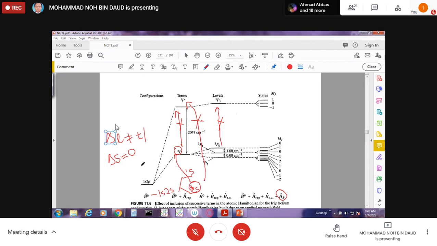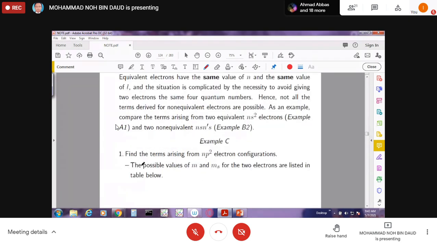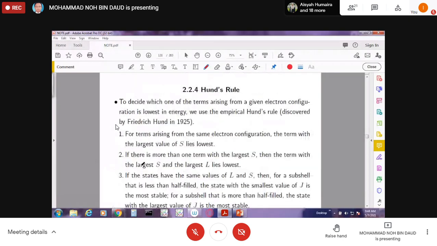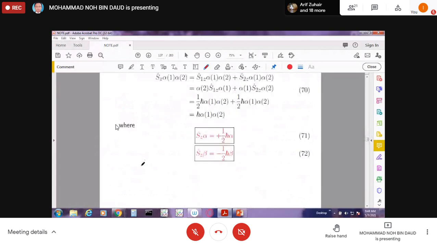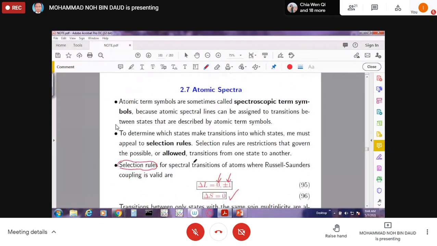And also we have this additional selection rule here for delta L. From triplet S to triplet P, the delta L of course is plus minus 1.